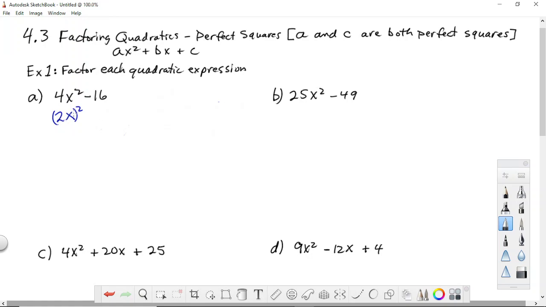If I square that, the 2 will distribute, and that will be 2 squared times x squared, and that is 4x squared. So we can call that distributing with the exponents. That's one of the rules of exponents. So that does work. 2x quantity squared is, in fact, 4x squared.